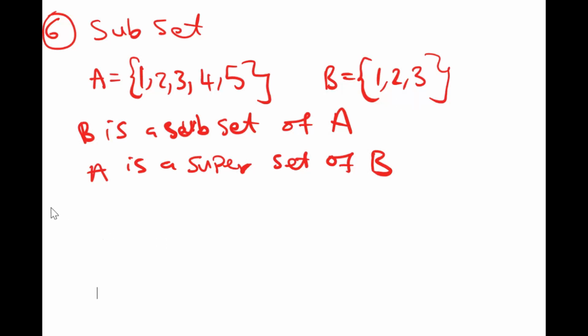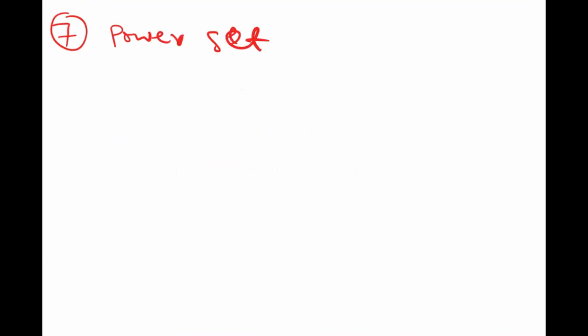So the next one we shall consider is the power set. Assuming A is a set of numbers, then we can define a power set as a set of all subsets of A, including the set itself and a null set.